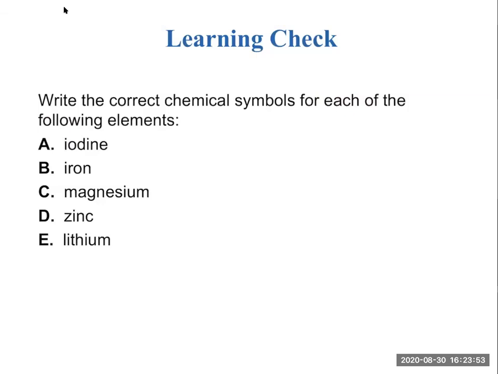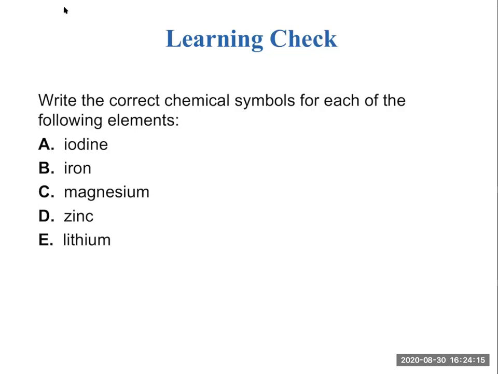You have learning checks that I often put in between my slides. They are very useful, so try to do them without looking at the answer. For example, here, practice a couple of times and then see if you can answer these questions without looking at the periodic table.